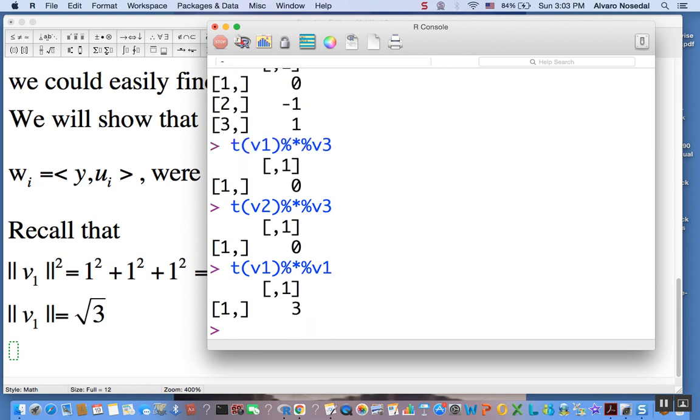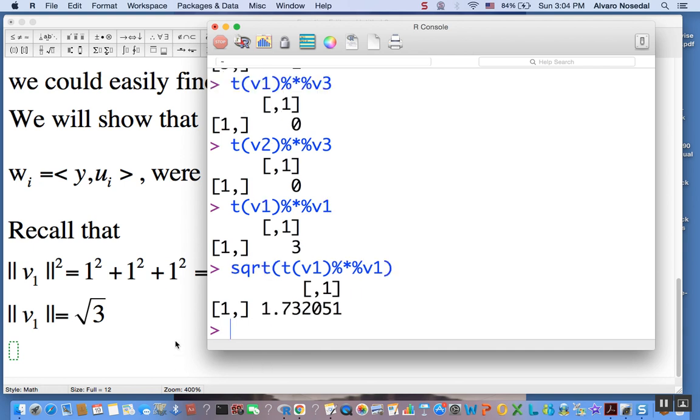That would be the square norm, but what we want is square root of that guy. So it would be square root of that guy, square root of 3, which is that.